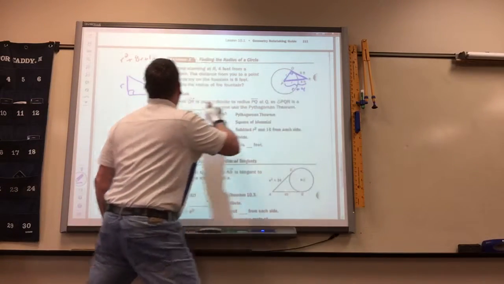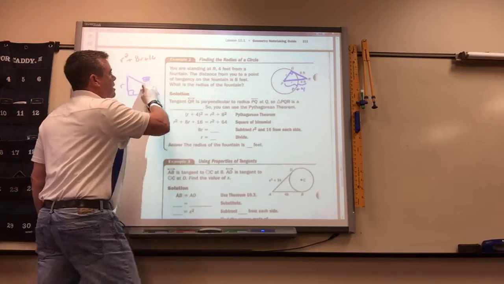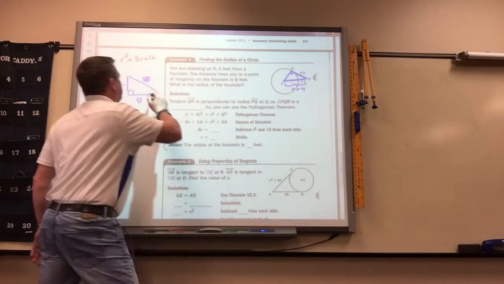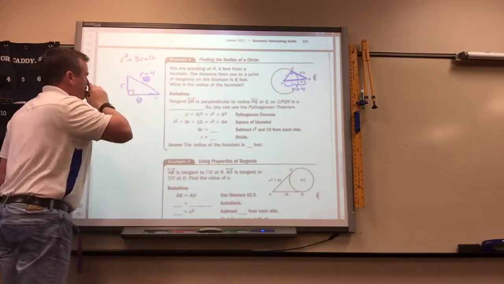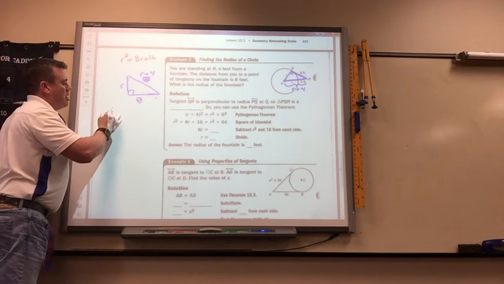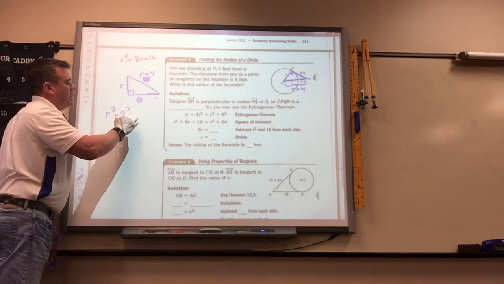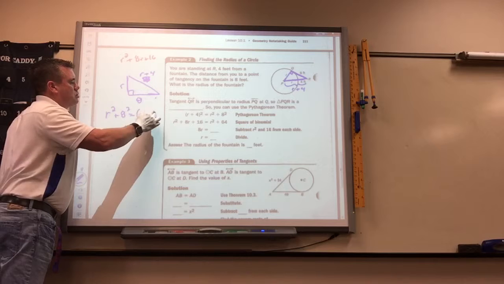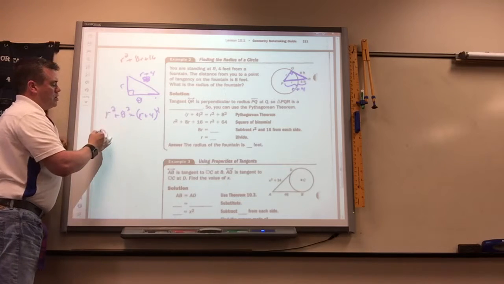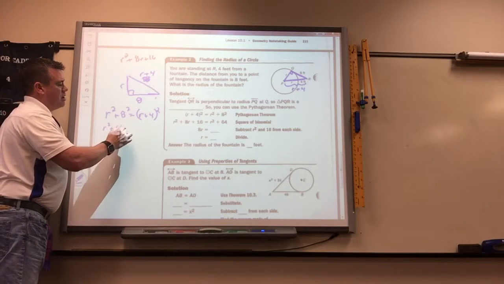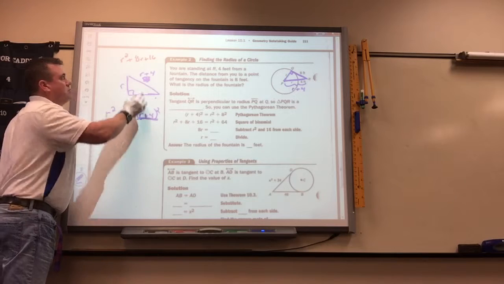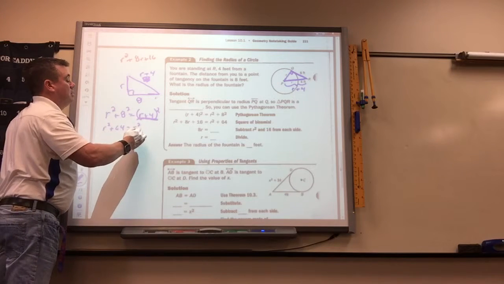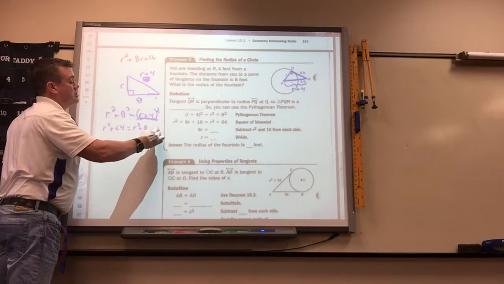The 8 is a leg right here, and the R plus 4 is the hypotenuse. So I put them in the wrong spot. So it's R squared plus 8 squared equals R plus 4 squared. So we know this is R squared plus 64, and we just figured this out. It was R squared plus 8R plus 16.